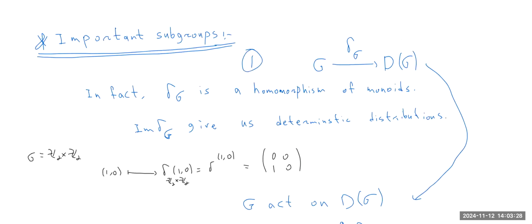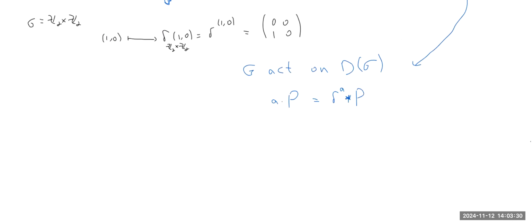So this is the first example. The second example of an important subgroup is in the case when G is Zm cross Zm.